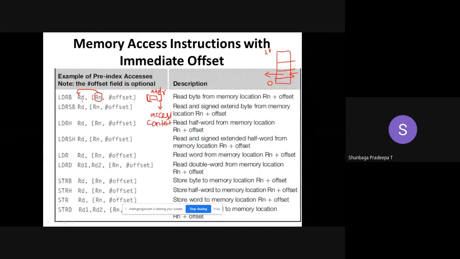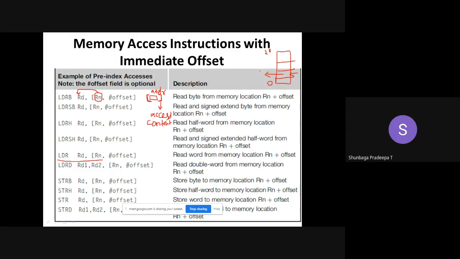So here we read the byte from the memory location RN plus offset and load it into RD. Suppose I write LDR RD, RN. It will read the data from the memory location RN and load it into RD.